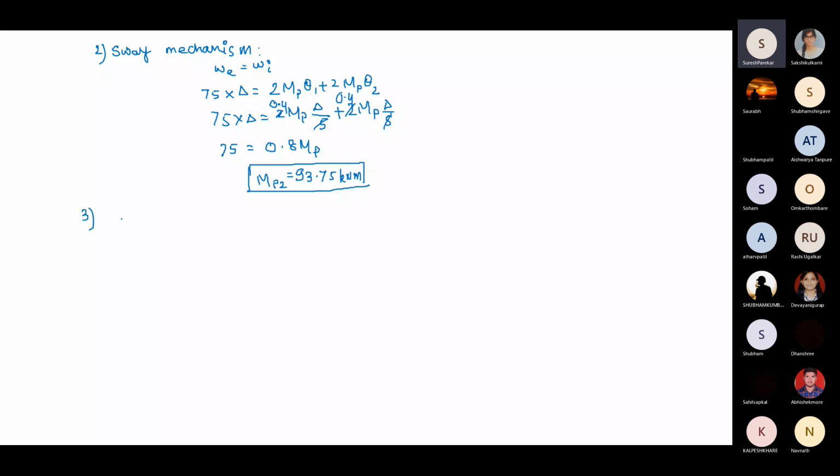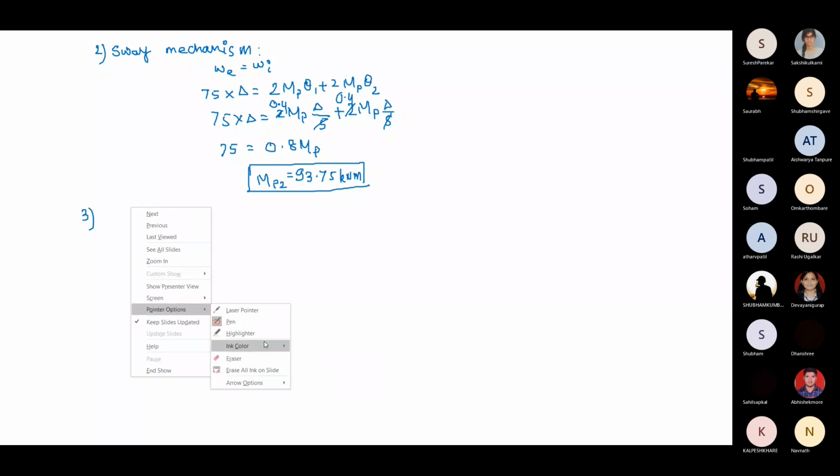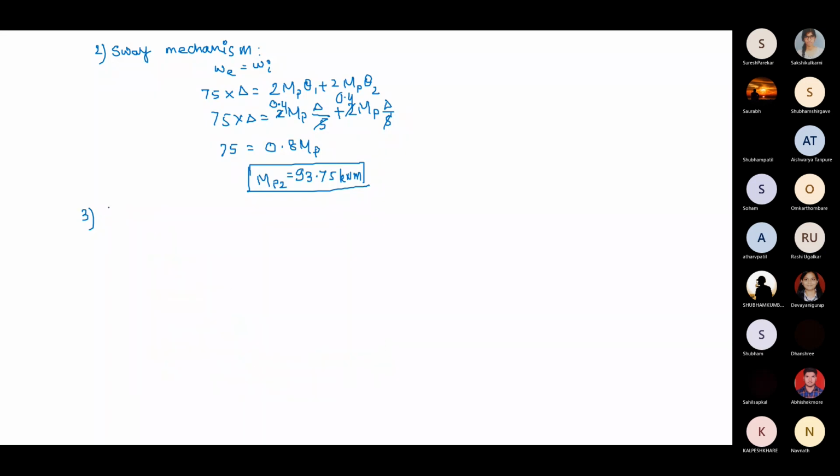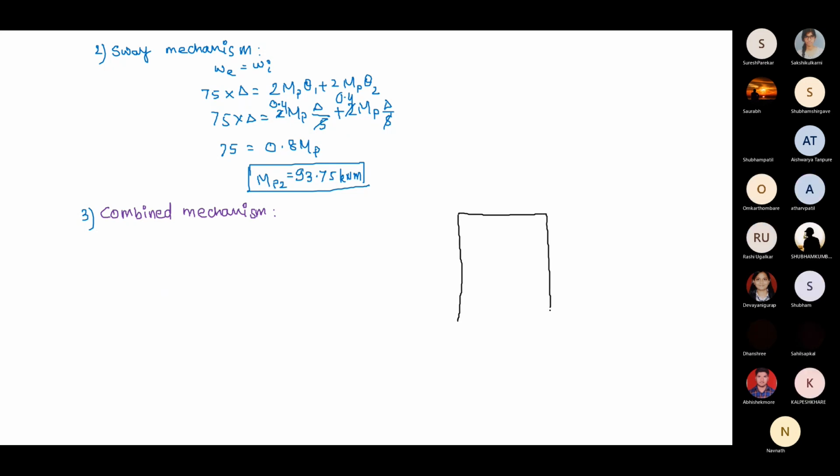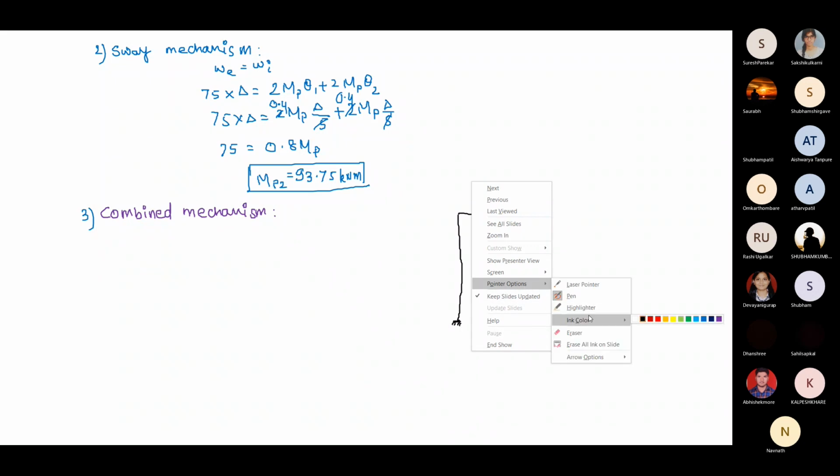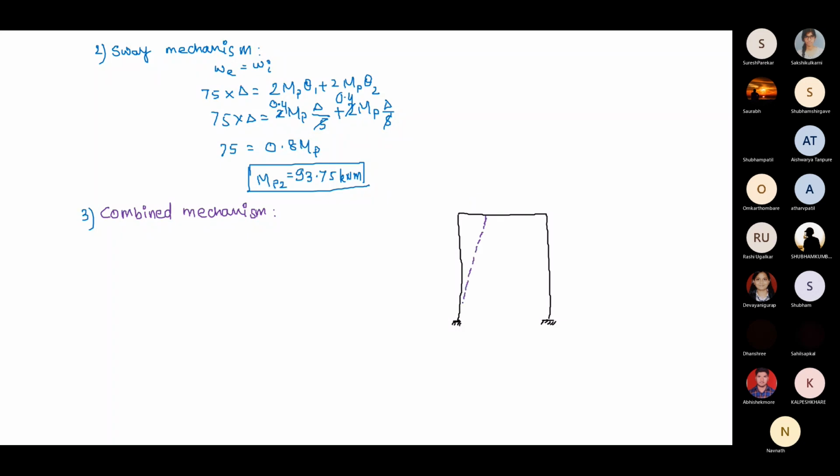And third, we have the combined mechanism. Sway and beam mechanism we are going to combine, known as the combined mechanism.